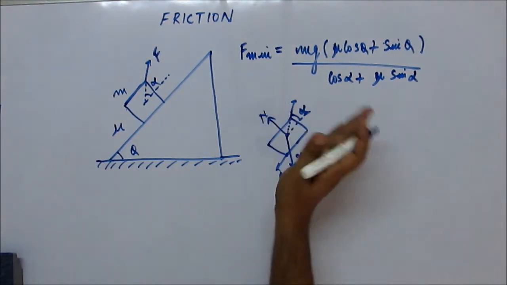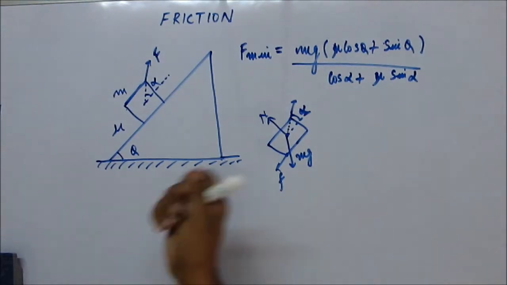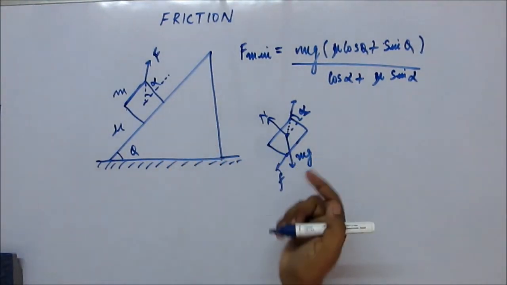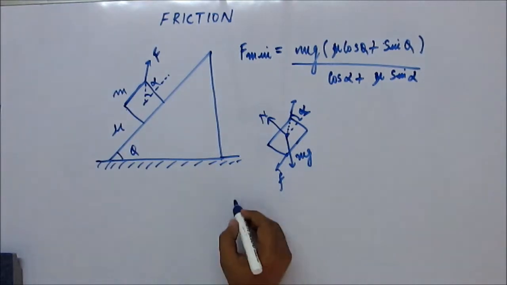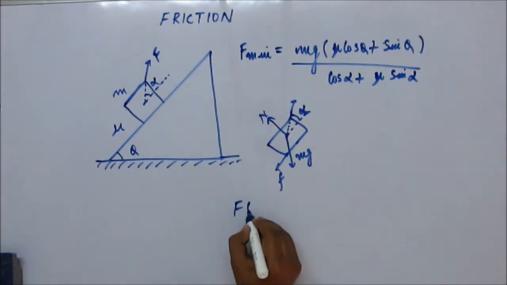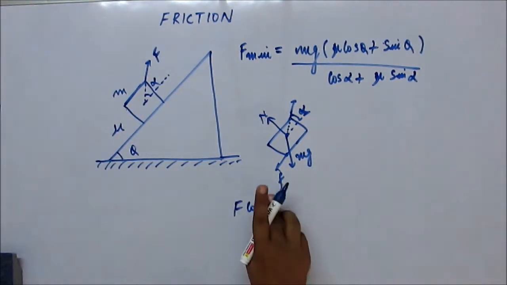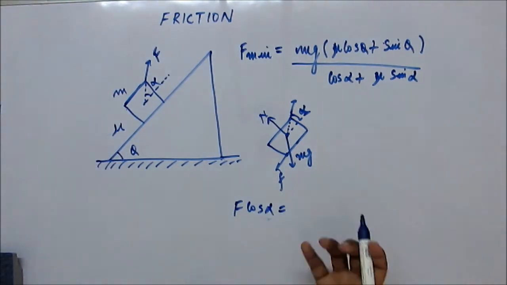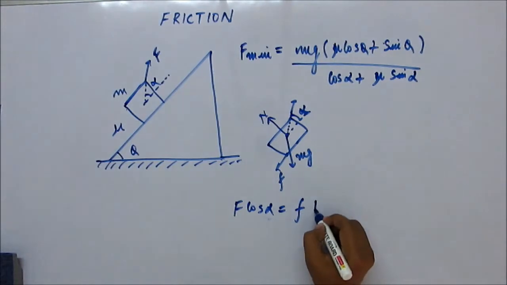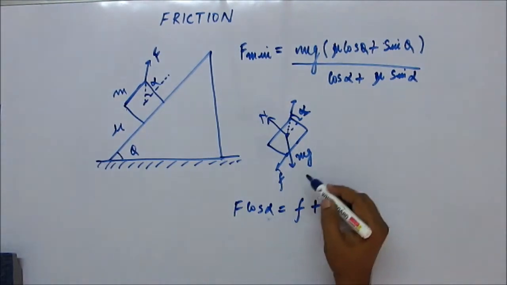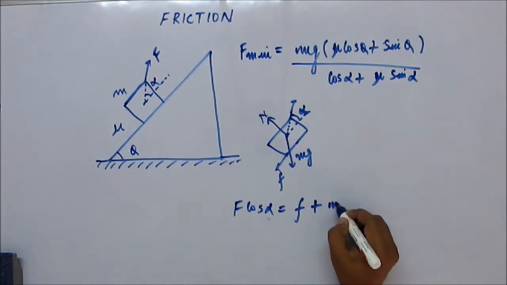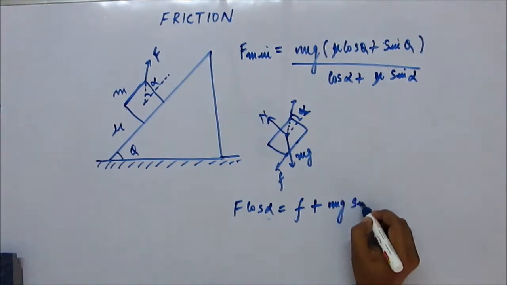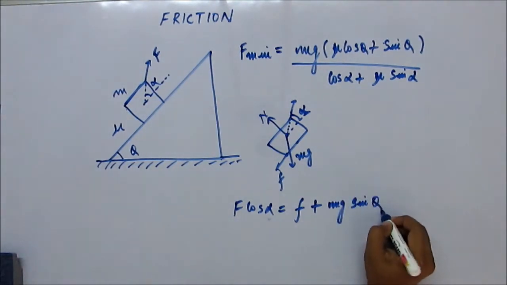Now in this case, the force which is going to cause upward motion of the block is F cos alpha. This F cos alpha should be able to overcome the friction force and the component of mg which is along the plane, which is mg sin theta.